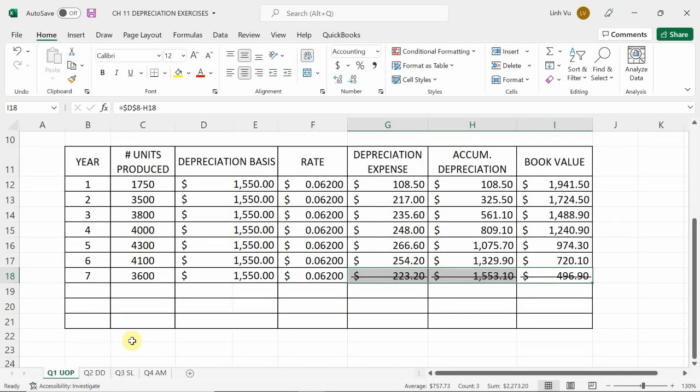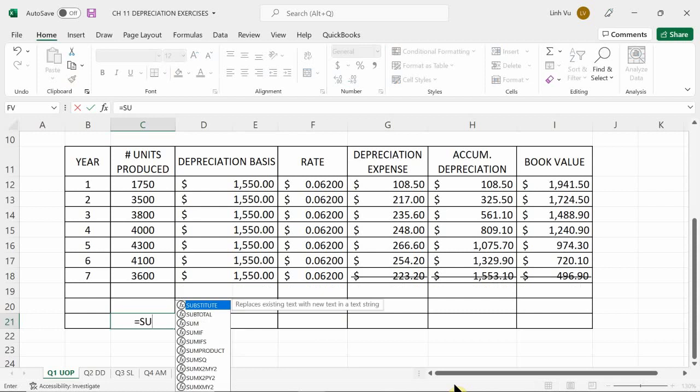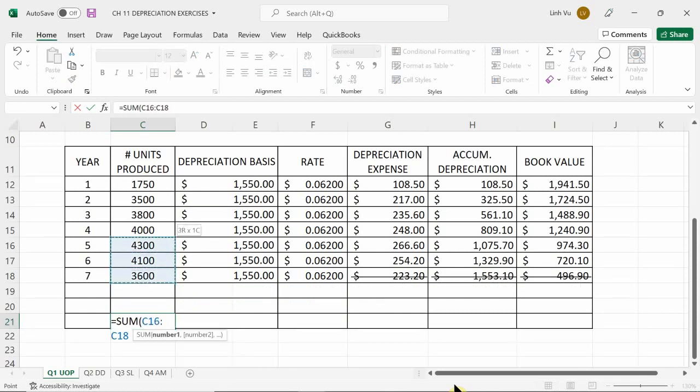Okay. We need to count all this. Yes. One. Okay. 1,750. Add 3,500. 3,800. 400 and 4,300. 4,300. 3,600. Okay. 1,750.